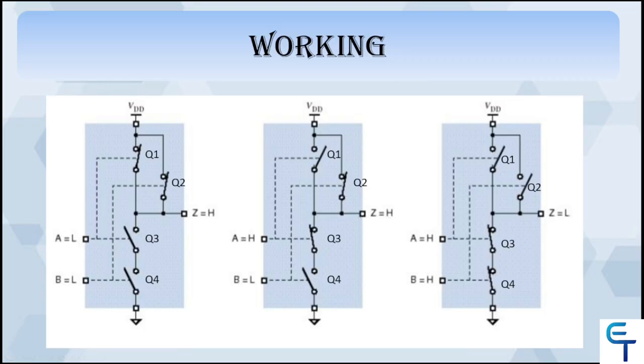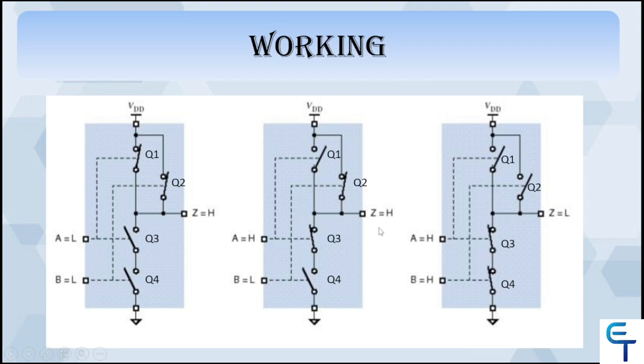Since both NMOS transistors are connected in series, the NMOS transistor Q4 is off, hence there is no path between the output terminal and the ground terminal. Therefore, the output line will maintain the voltage at VDD and the result of this case will be high.